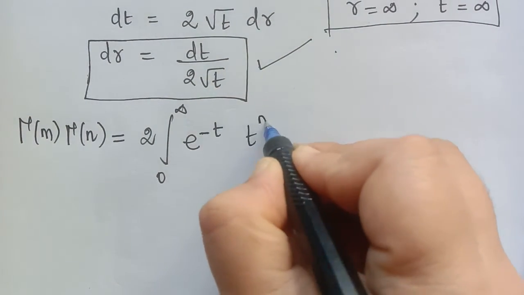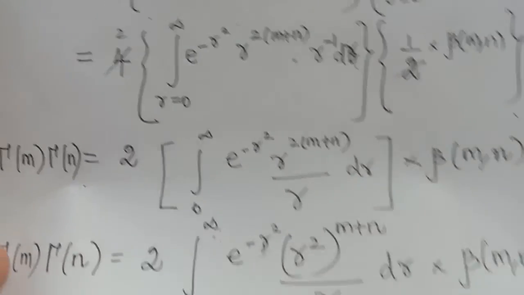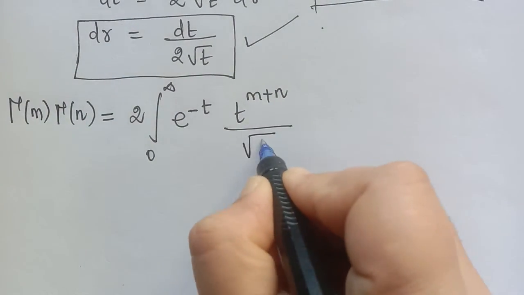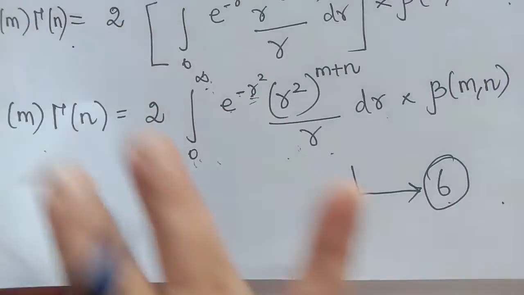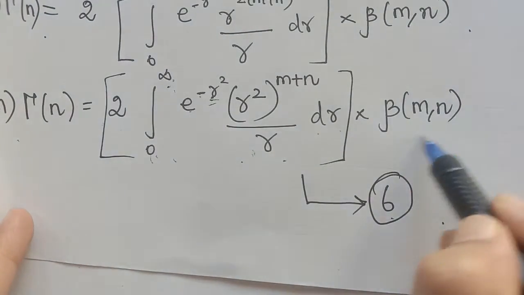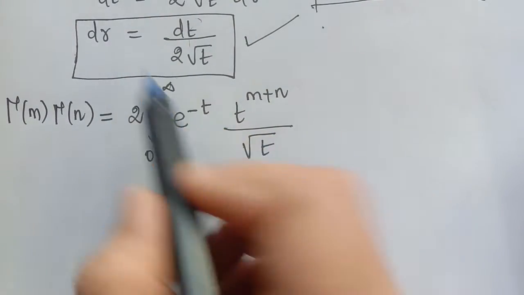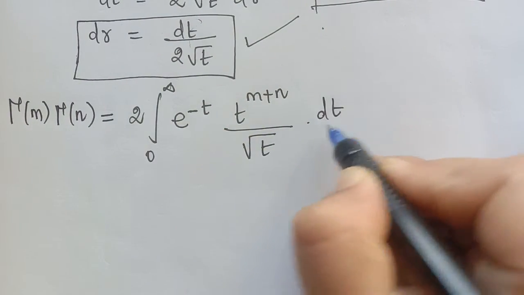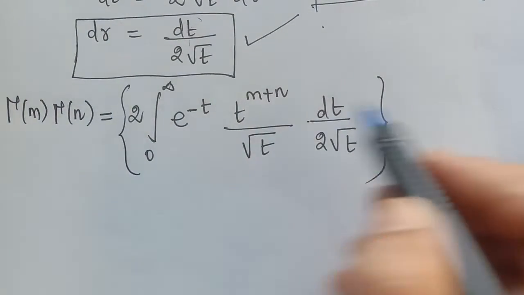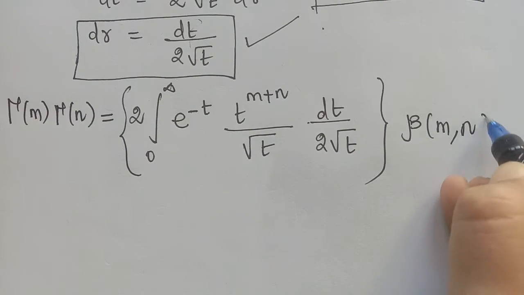So t to the power m plus n divided by, you have r over here. But what is r? R is equal to square root of t. So we will write that here. So square root of t multiplied with dr. I want to show that beta is out of the integral. But what is dr over here? We have obtained it here. So multiplied with dt divided by twice square root of t. And then this whole thing has to be multiplied with beta of m comma n.